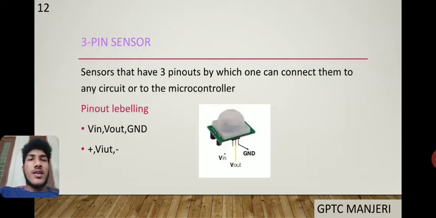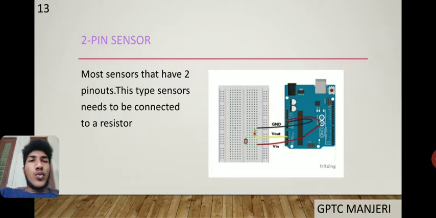A 3-pin sensor has three pinouts by which one can connect it into any circuit or to the microcontroller. There is the current input, output, and GND. Next, 2-pin sensor. Most sensors have two pinouts. This type of sensor needs to be connected to a resistor. A resistor must be connected.